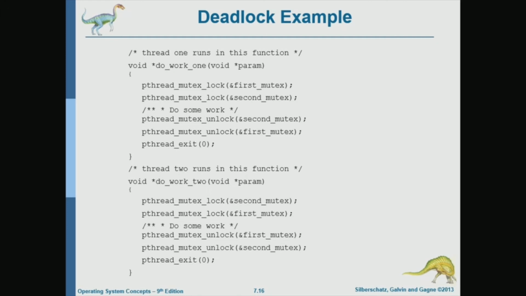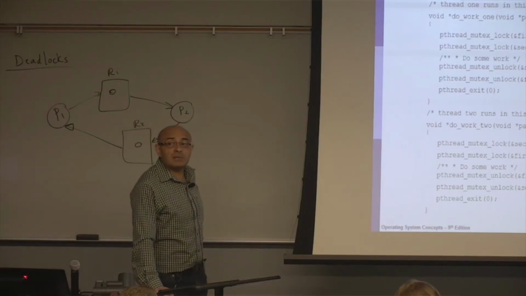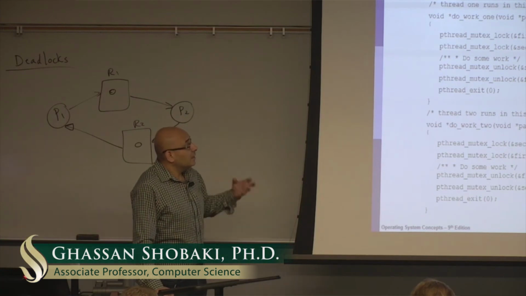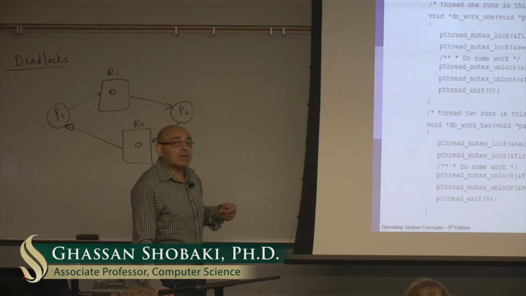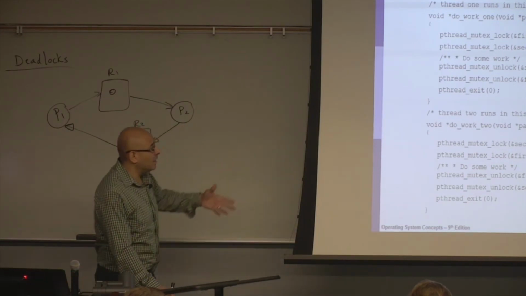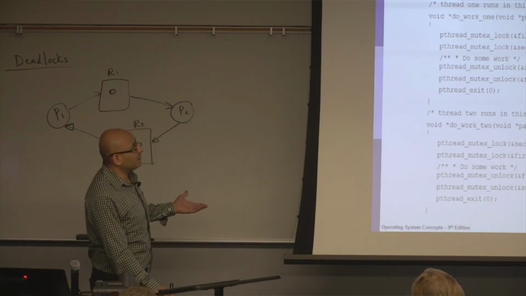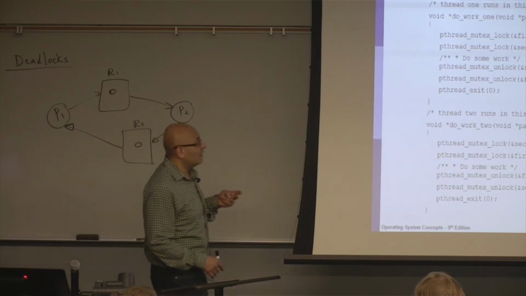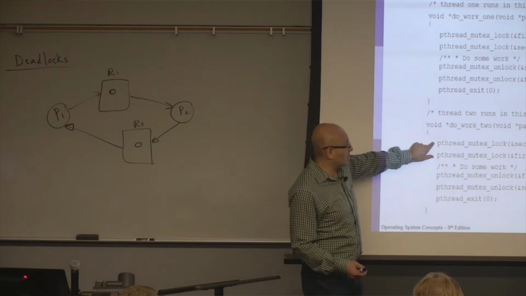So for example, sometimes you cannot force the processes to request resources in a certain order. Sometimes the order is dictated by what the process is trying to do, so you cannot force it. In this case, yes, because here a process is trying to acquire two different locks, and the order doesn't matter.